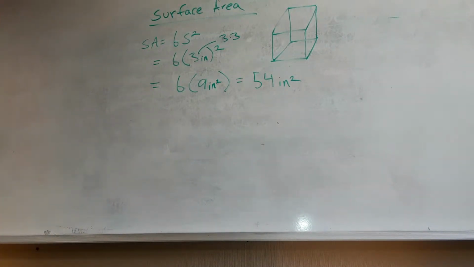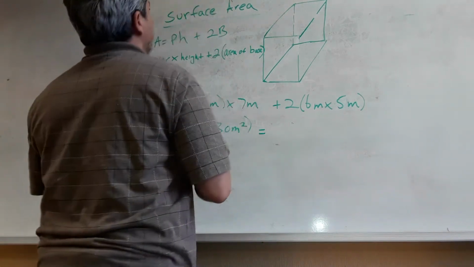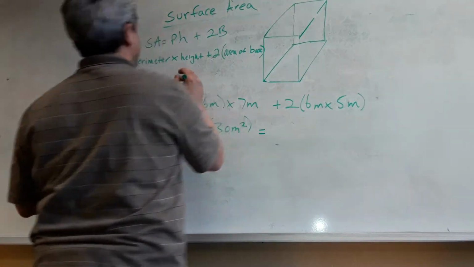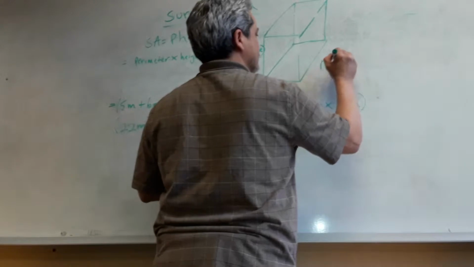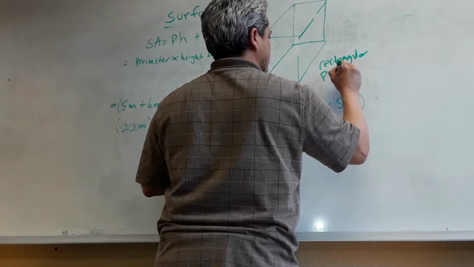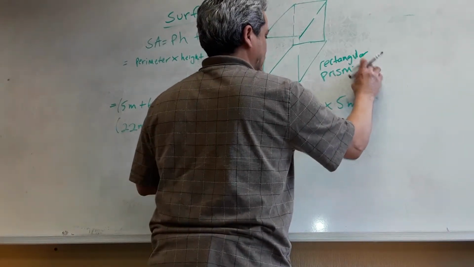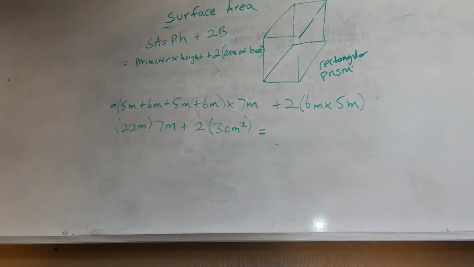Okay, now we're going to move on to a rectangular prism. So now we're looking at the surface area of a rectangular prism. That means we're taking the area of all the faces.